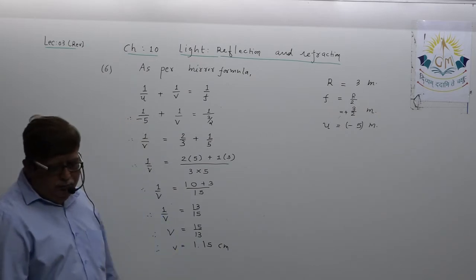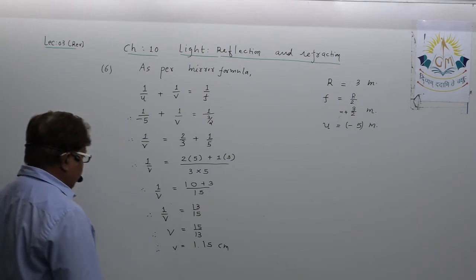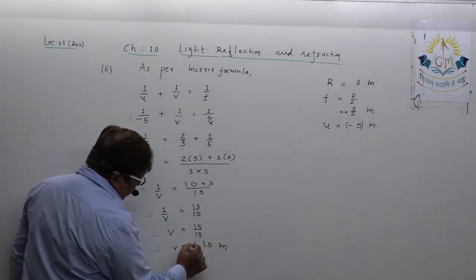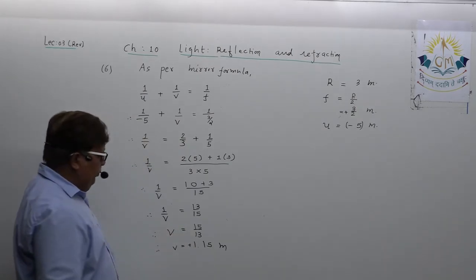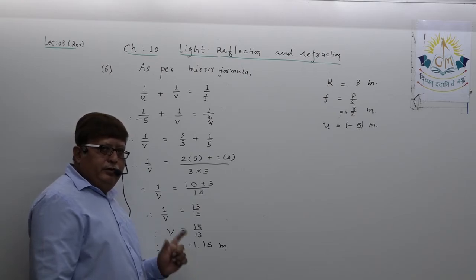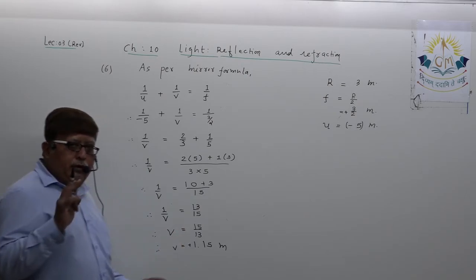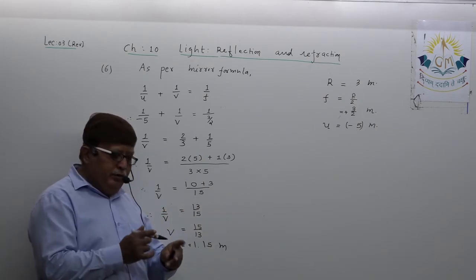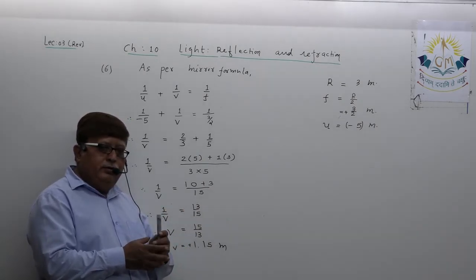v turns out to be positive. See, dear student, meter, sorry. v turns out to be positive, and this positive sign suggests that the image is obtained behind the mirror, what I taught you in my lecture number 1.